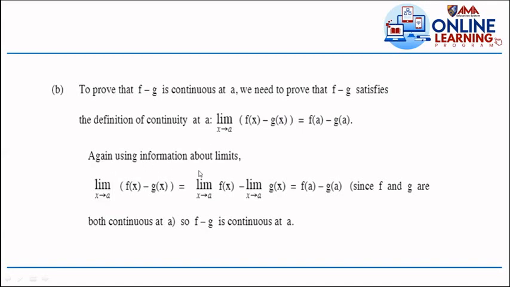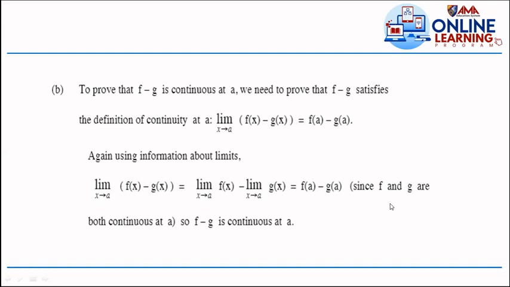So again, using information about limits, let's distribute. It becomes the limit of f(x) as x approaches a, minus the limit of g(x) as x approaches a. So to make it continuous, this should be equal to f(a), and this should be equal to g(a), to become continuous functions.